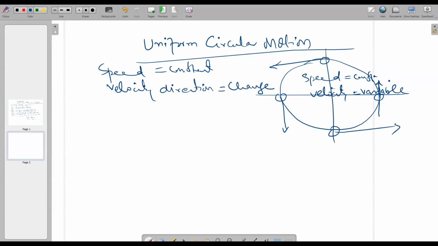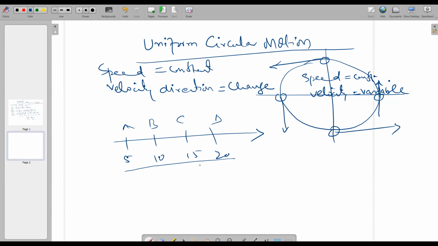So that's why it has acceleration. Last time I discussed with you, if a body is moving in a straight line, this is point A, point B, point C, point D. Here the speed or velocity is 5 meters per second, 10, 15, 20, like this. So it is increasing.